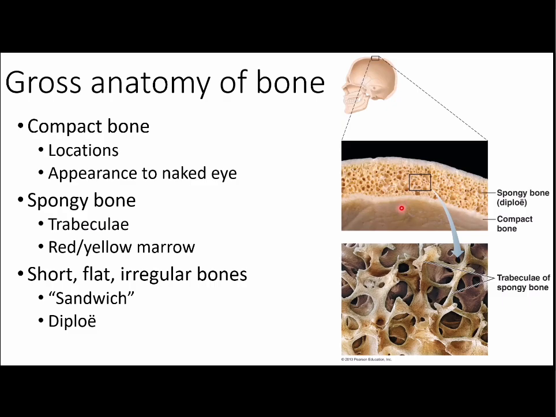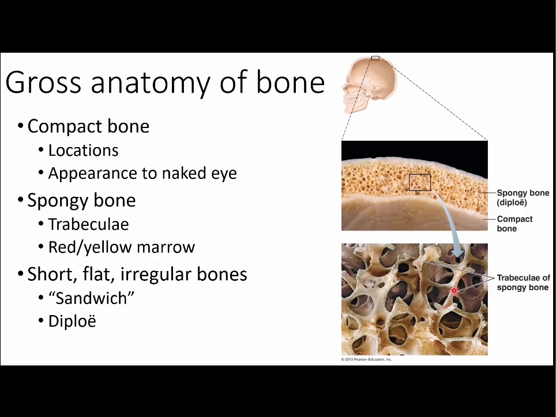Then we have spongy bone, which gets its name because it has all of these little holes in it, this honeycomb type appearance, and that's going to be found internally to compact bone. So we'll have compact bone on the outside and then spongy bone on the inside. This honeycomb-like structure is made up of small, flat, almost needle-like projections of bone, and it forms trabeculae.